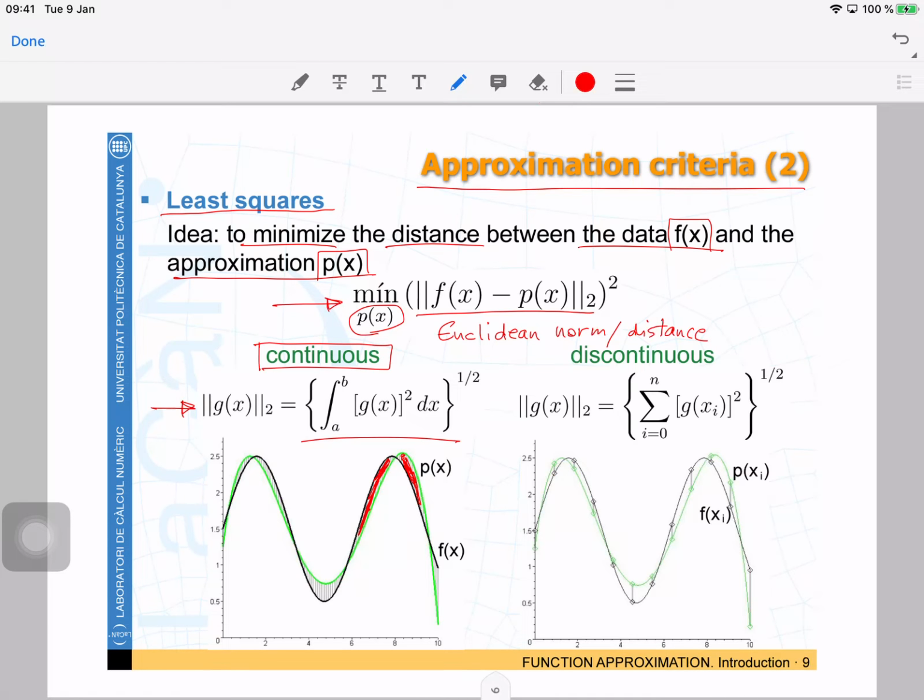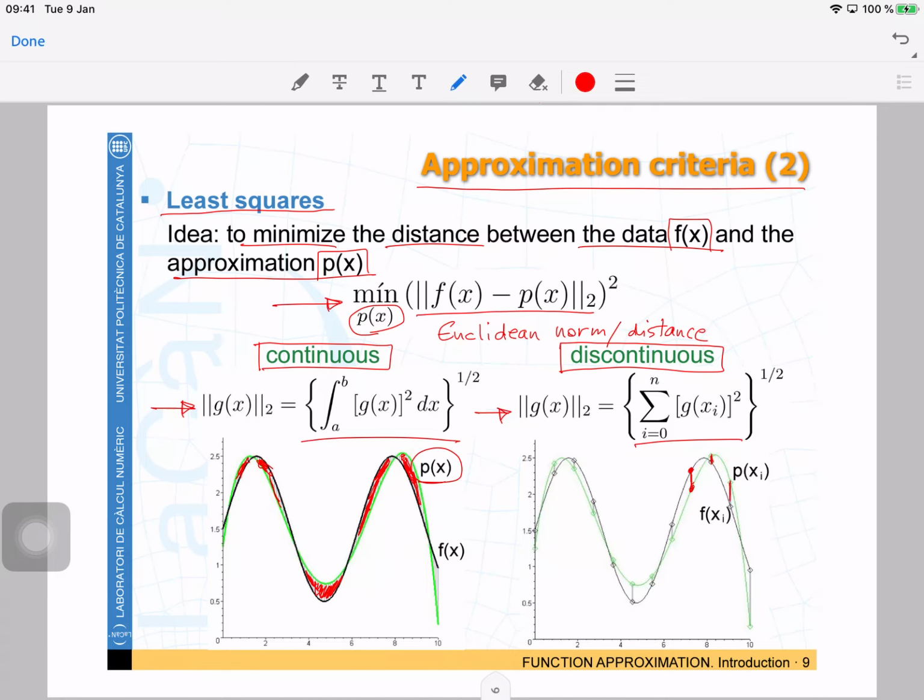And if we sum all these areas and minimize the total area, then we can come up with our approximation P. In the case of having data points or discontinuous information, this norm is defined as a function of this sum, and it is basically the sum of the distances between the data points and the corresponding points on the approximation.